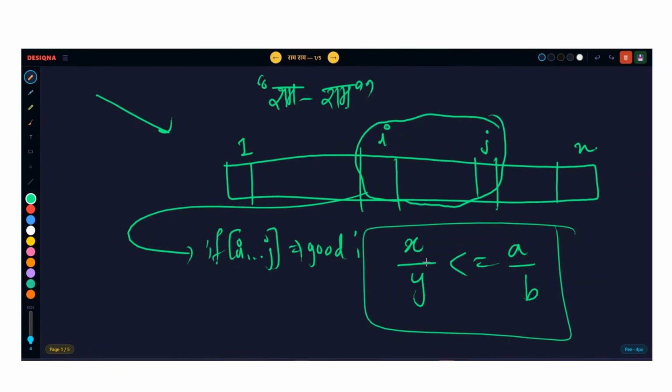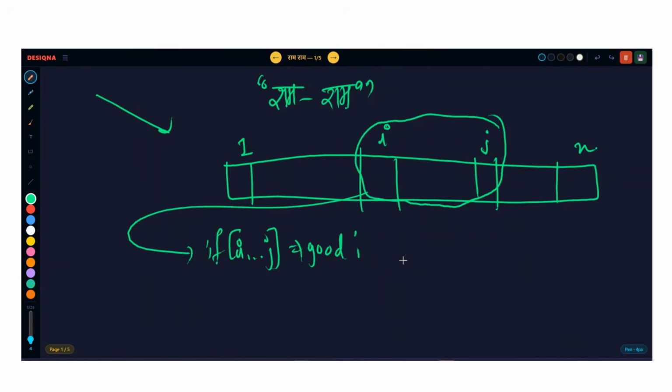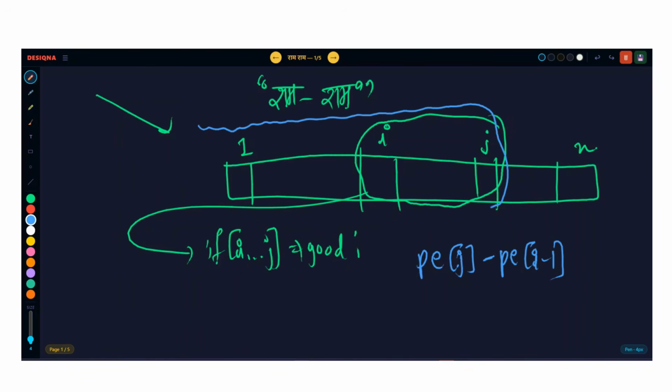But what is x? Number of even elements from I to j. What is the number of even elements from I to j? It is PEJ minus PEI minus 1. What is PEJ? Number of even elements from 1 to j. This blue color part is PEJ.